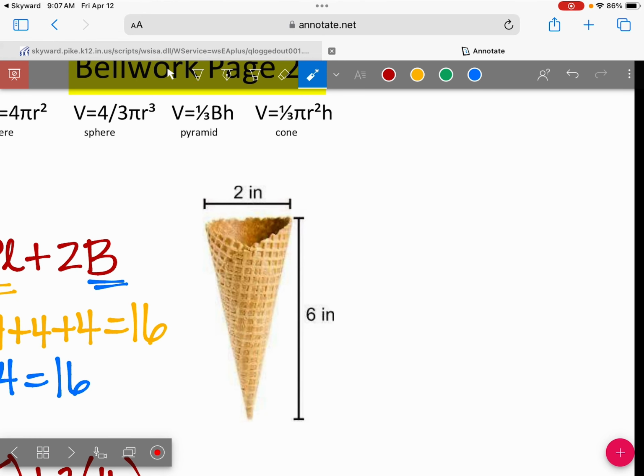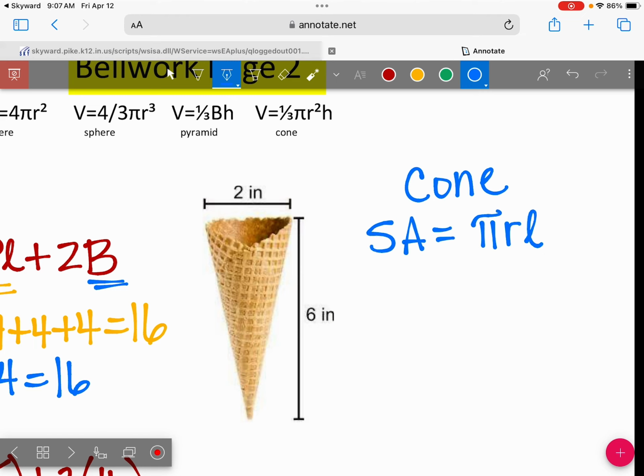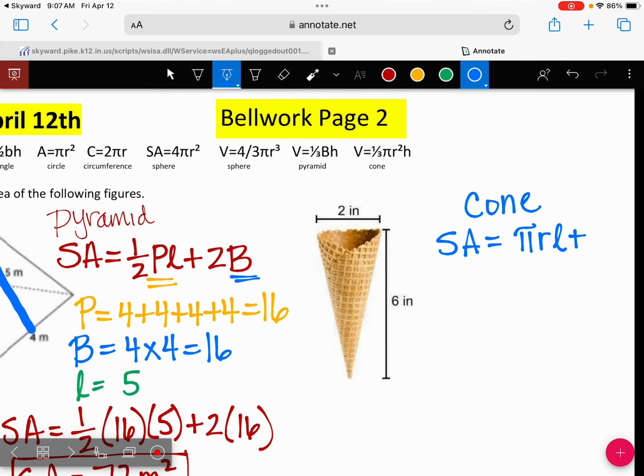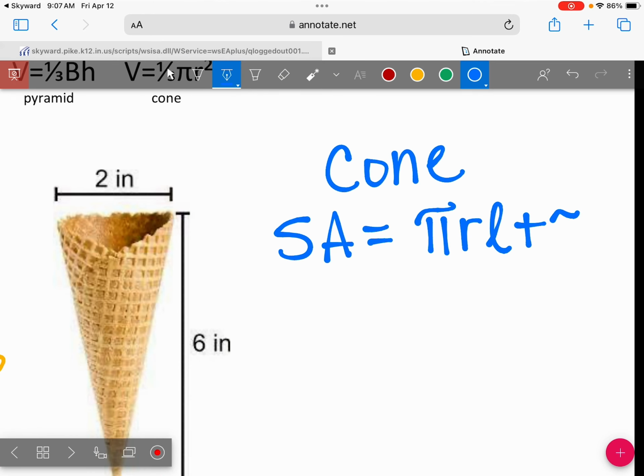And for a cone, so this one is a cone, surface area is pi r L plus pi r squared. That's your formula for surface area of a cone.